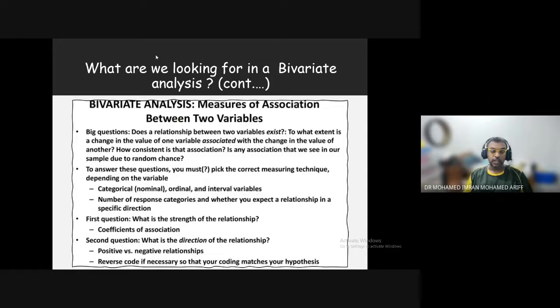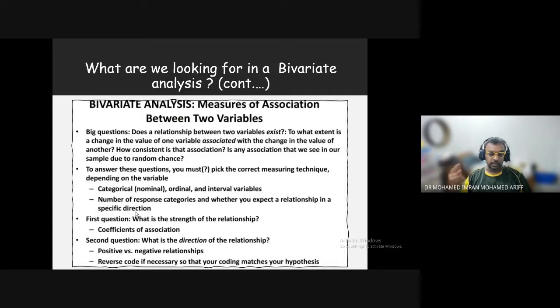So for correlation, based on your categorical or ordinal or interval variable, the type of question lah. The number of respondent categories and whether you expect a relationship in a significant direction. Is it a positive or you expect it to be a negative relationship? Okay, a negative. So we want to find out.